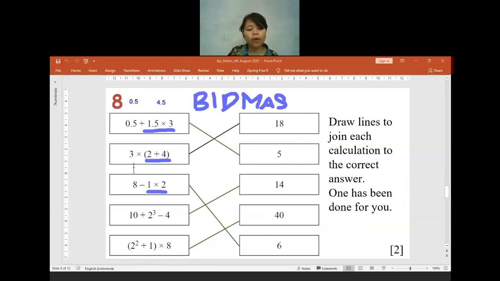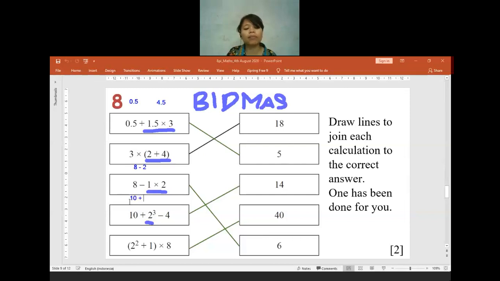And then for the fourth box, it is 10 plus 2 to the power of 3 minus 4. Remember BIDMAS, so it means we have to finish the indices first. Indices in here is the power. So we solve 2 to the power of 3 first. 2 to the power of 3, the answer is 8.